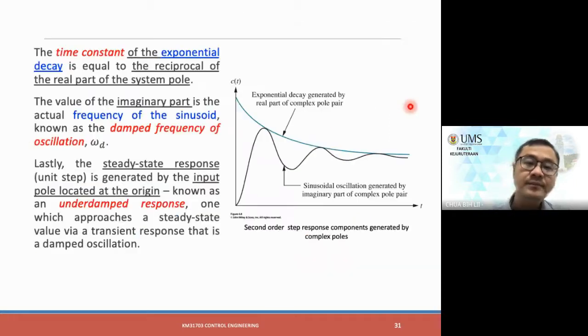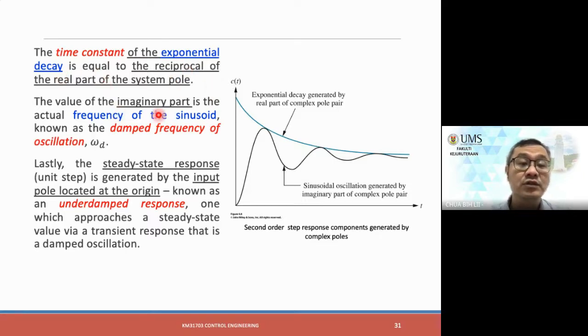So this is what it means, the exponential decay of the real part. It will be damped, the maximum point will reach this particular line before it goes down again. So here the time constant for the exponential decay is equal to the reciprocal of the real part, 1 over the real part.